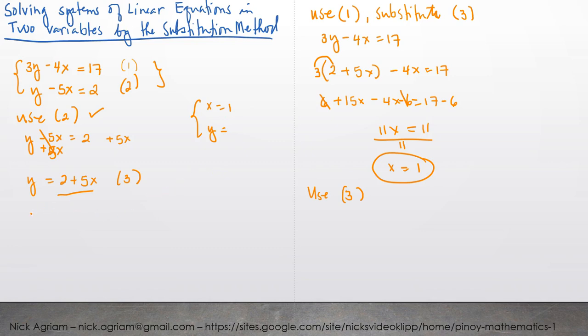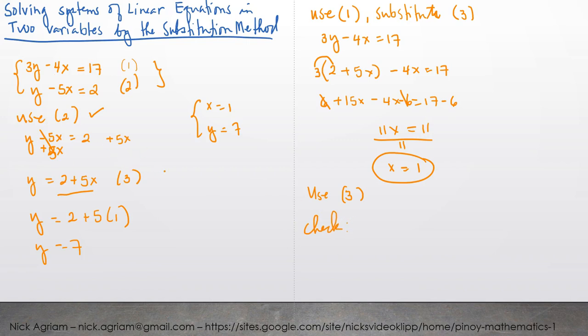Okay, and then we have here y is equal to 2 plus 5 times 1. The value of x is 1, so y is equal to 7. To check, you have to check your answer. You can use any of the equations.